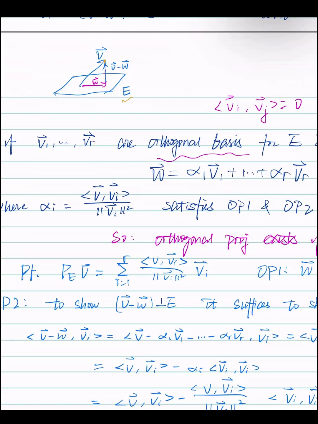From geometry, we know that we find an orthogonal or perpendicular line and find the point that intersects with the subspace. So here is the point that's closest to the given point.